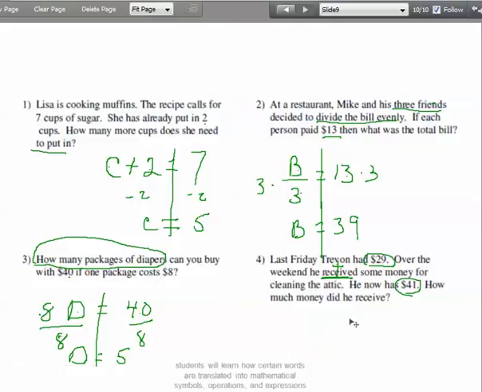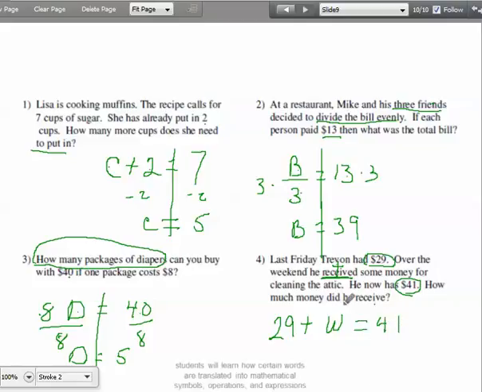Try again. Okay? So over the weekend he received some more money. So it's $29 plus some money he got over the weekend equals $41.